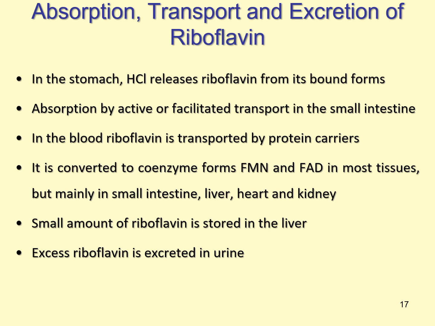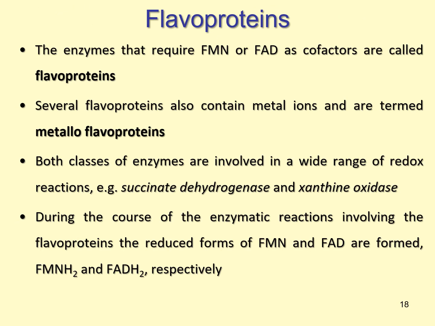It is converted to the coenzyme forms FMN and FAD in most tissues, but mainly in the small intestine, liver, heart, and kidney. A small amount of riboflavin is stored in our liver, and the excess riboflavin is removed from our body in the form of urine.